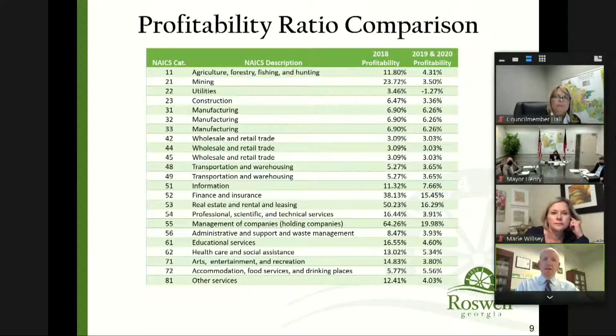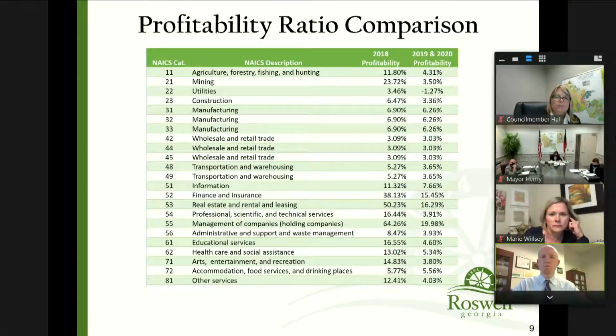So this gives you a comparison. Once we made that adjustment from one tax table to another, this table gives you a comparison of what those profitability ratios were and how they changed from the initial 2018 year to the 2019 and 2020 renewal seasons.